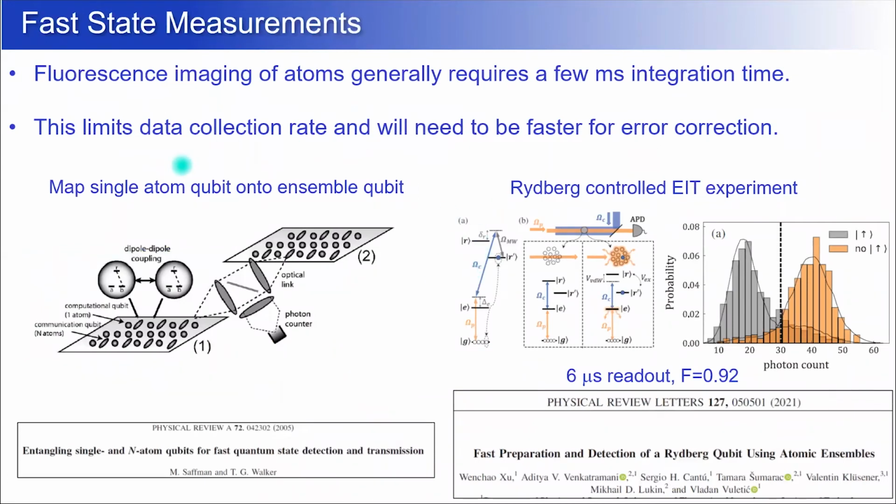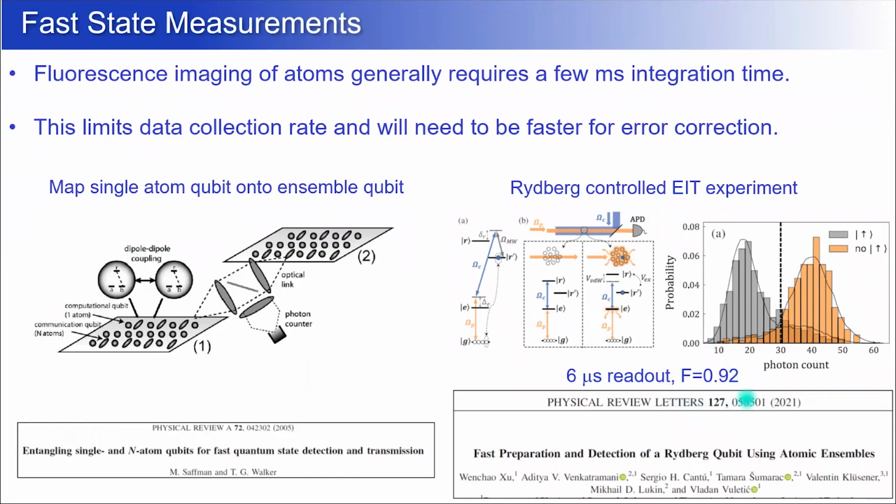We proposed a long time ago to map single-atom qubits onto multi-atom ensemble qubits and use the fact that if you have more than one atom, you can scatter photons more rapidly and make a faster measurement. A related but simpler idea was demonstrated by Vladan Vuletic's group last year, where they're using Rydberg-controlled electromagnetically induced transparency, and were able to read out quantum states in 6 microseconds.